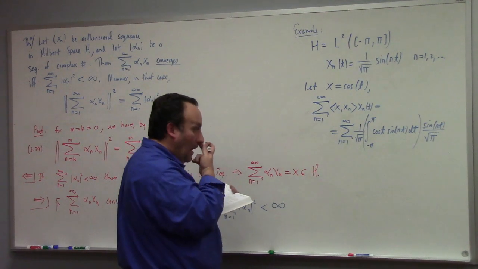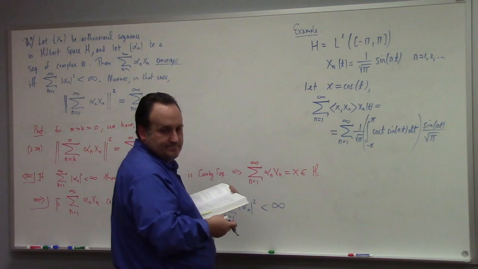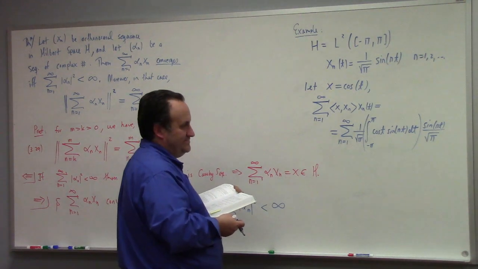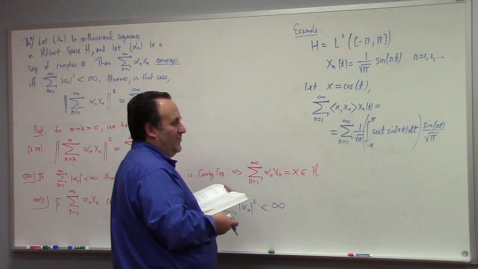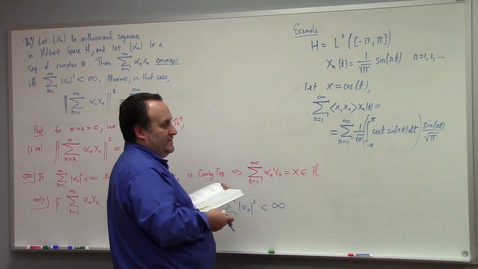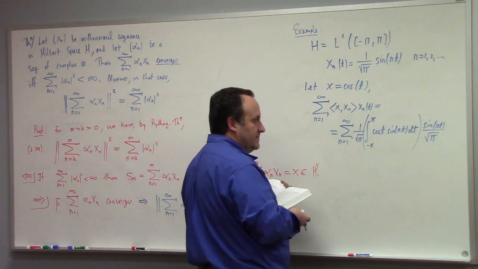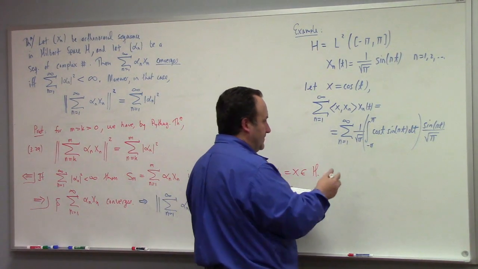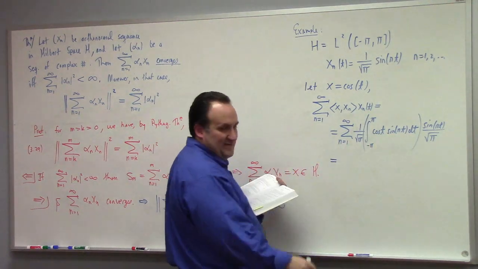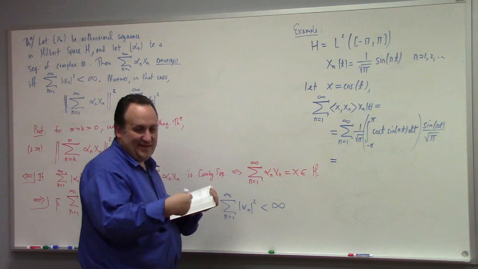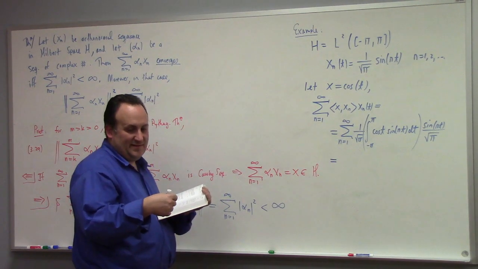Why is that? Is it because of the interplay between minus pi and pi? Oh, it's easier than that. This is an odd integrand, right? Because cosine is even and sine of any multiple of t is odd.